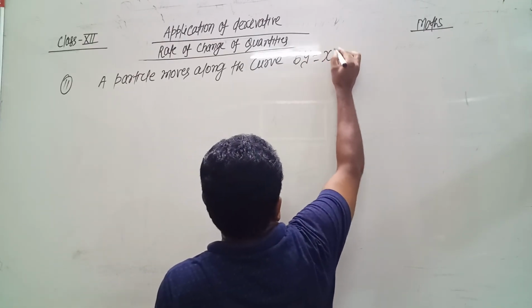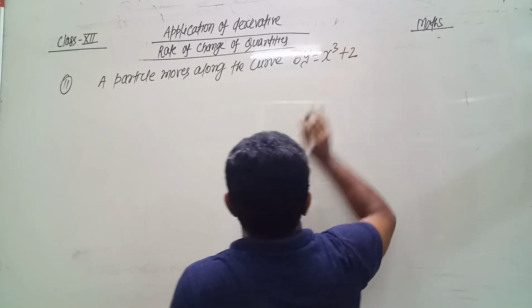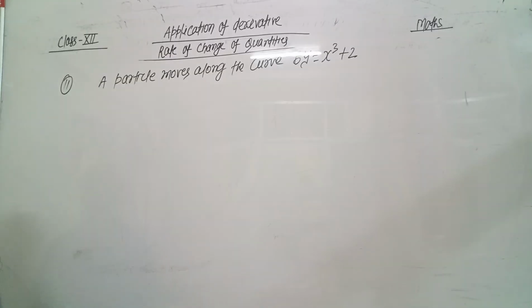The curve is given by 6y equals x cube plus 2.